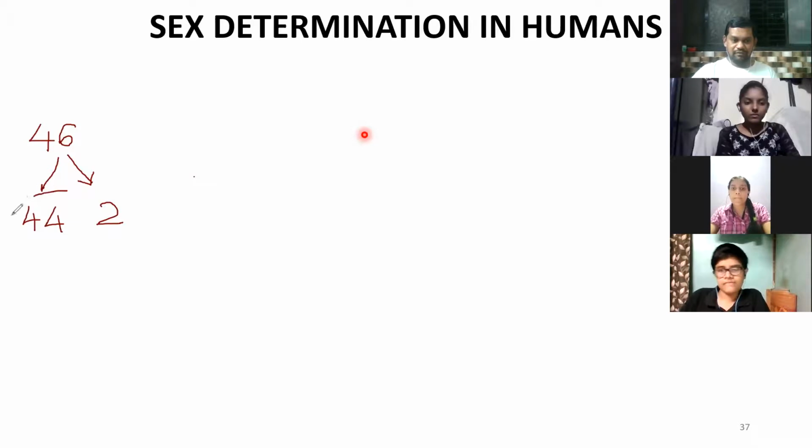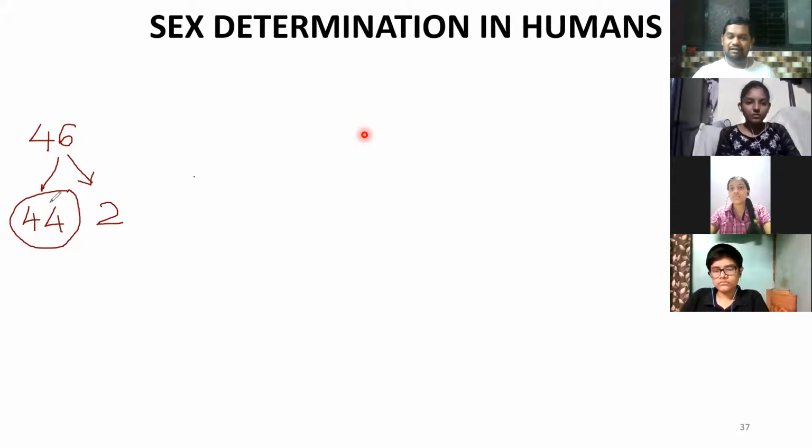These 44 chromosomes contain genes which are responsible for giving rise to characters which are common for males and females. You know very well, chromosomes contain genes. Genes code for certain characters. So if we are talking about a character like, say, color of the skin, there's nothing like males have a certain color and females have a certain color.